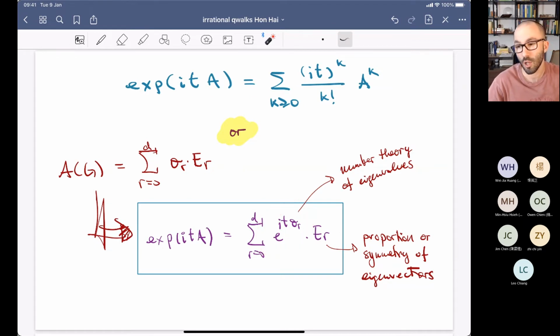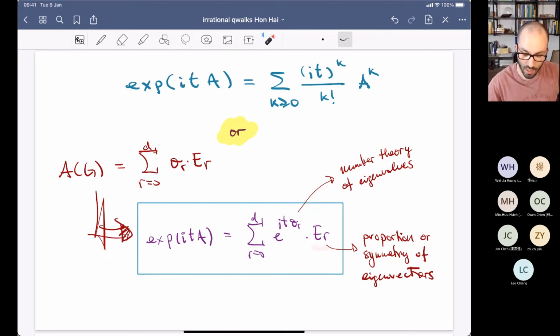But if your eigenvalues are not integers, if they are irrational, which is the topic of this talk, then these things might not align nicely. Okay, and this leads to a sort of, well, not chaotic, but almost periodic behavior.